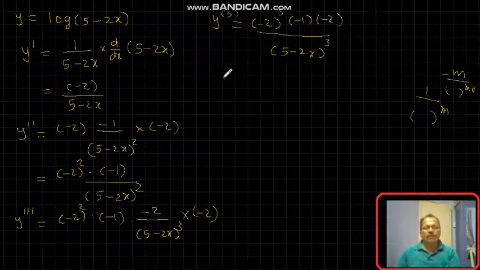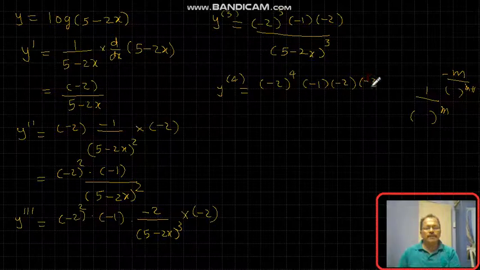Let us take one more step and we get the fourth derivative, (−2)⁴ into −1 into −2 into −3 divided by (5 − 2x) bracket raised to 4.